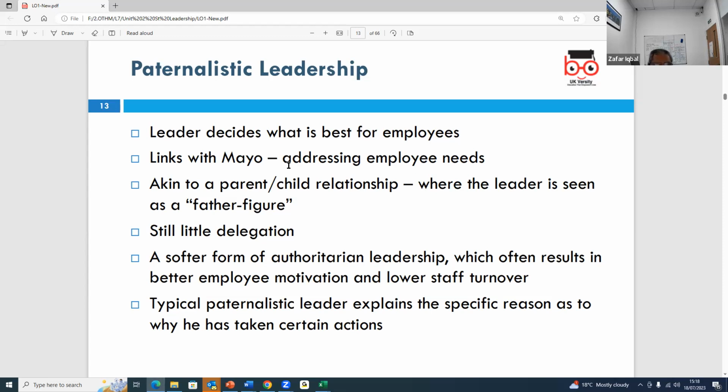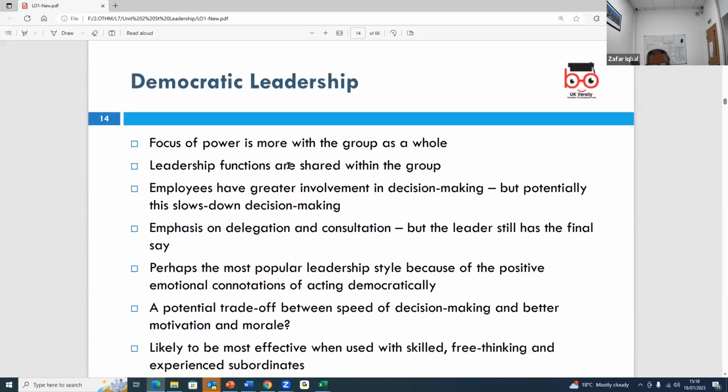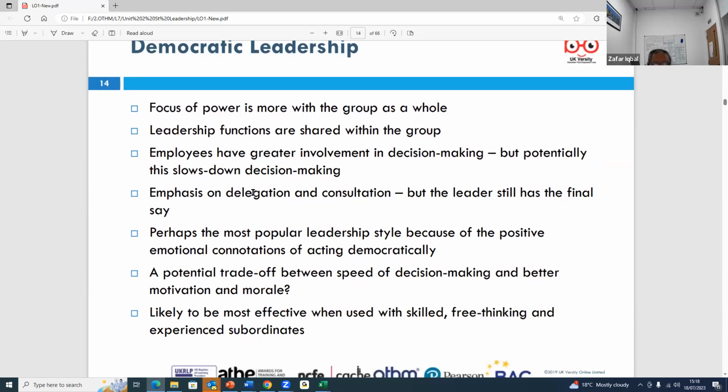Okay, the third type of leadership is democratic. Democratic leadership is totally different to the two talked about earlier, where here the focus of power is shared with the group as a whole. The leader talks to people, he shares his views with the group, and employees have a greater involvement in decision making.